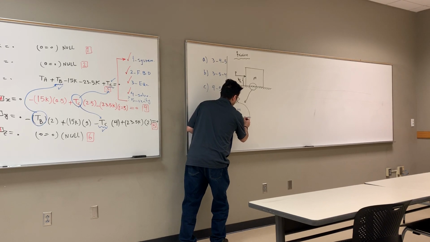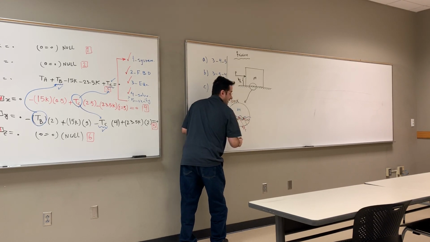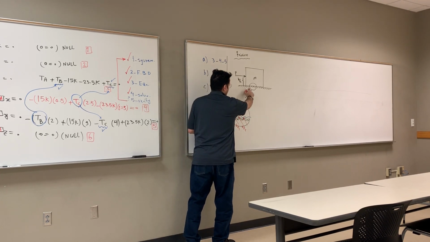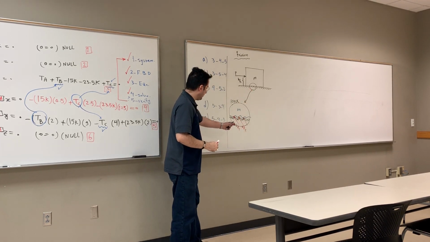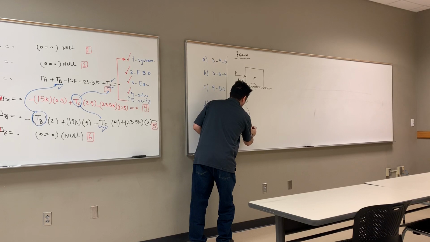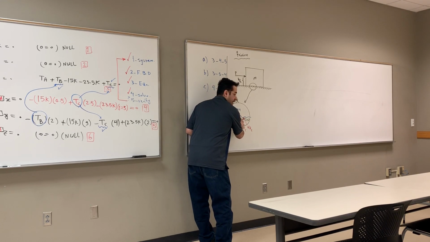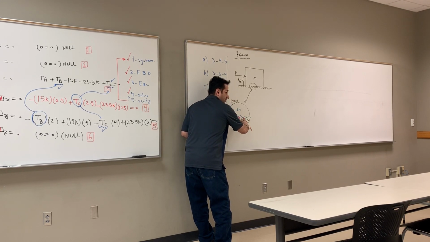And then another point. In fact, you have infinite contact points with this roughness. Each one of those has a small resistance force, which is this way. So it has a normal component and has a frictional component in the x direction, right?